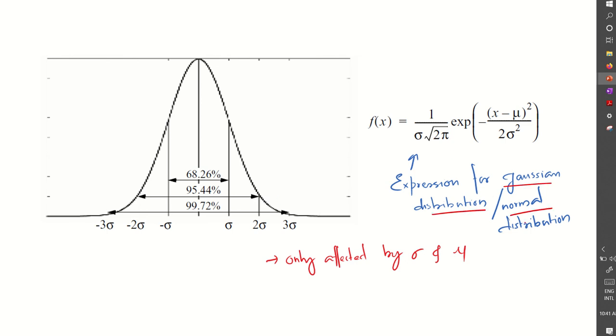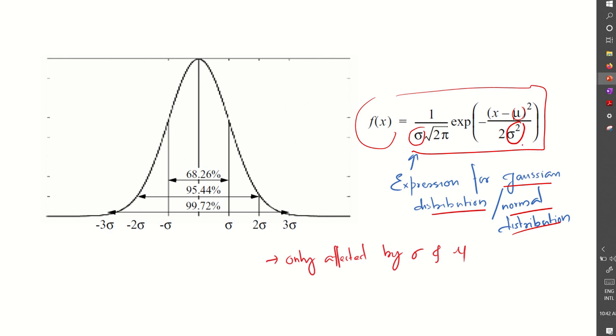The expression for Gaussian or normal distribution, we will show. So the normal distribution function is like this. In this function, you can see the VIPs are here: sigma, sigma square, and mu. So these are the parameters which directly affect this function, this curve. This curve is f(x).